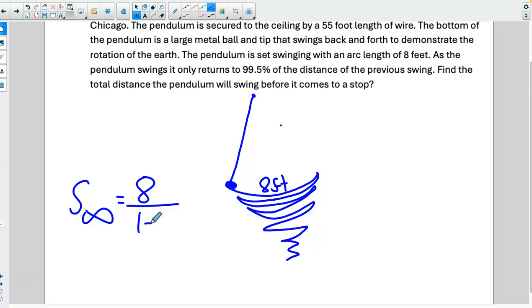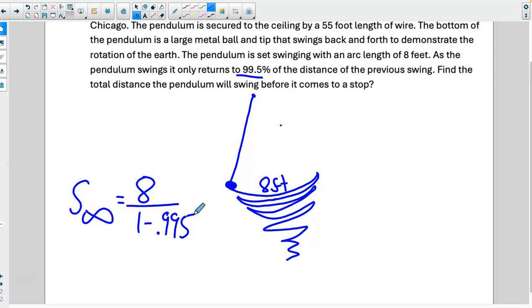If I change the verbiage and said it loses this much on each swing, then it would be the .005, because I'm losing that, and then I only care what I'm actually getting. But this is what I am getting. This is what's happening. Remember, if this was 100%, that just translates to 1. It's .995.